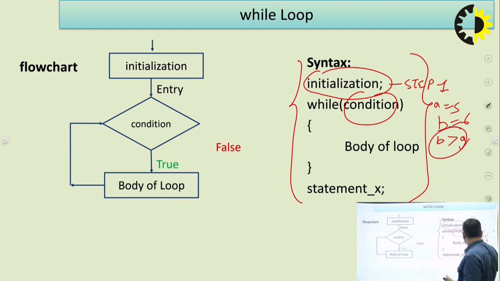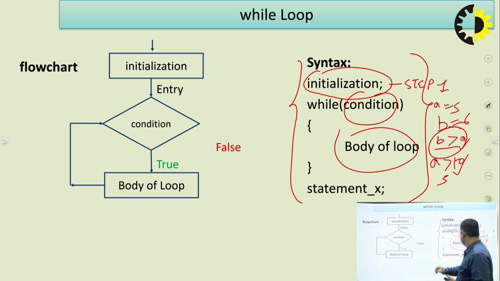You can change these values within the loop, but just for one value that doesn't solve the purpose. You have to iterate. Let's suppose the condition is A is less than 10, and you do this multiple times, and the value of A currently is 5, you start with 5. So from 5 till 10 you want to execute this body.